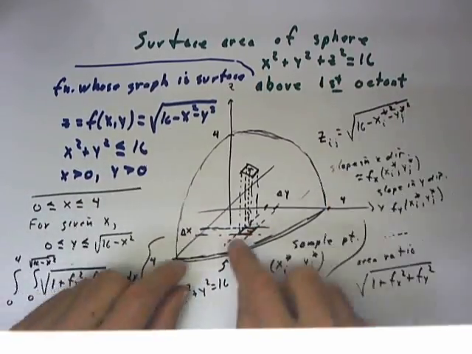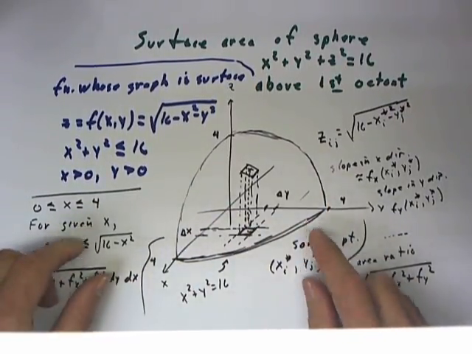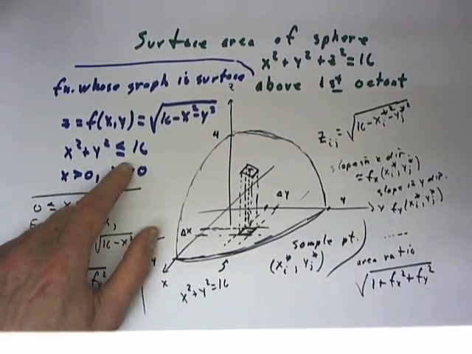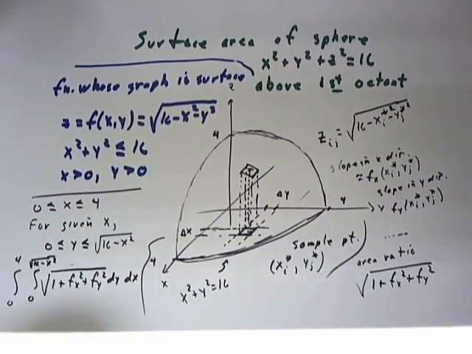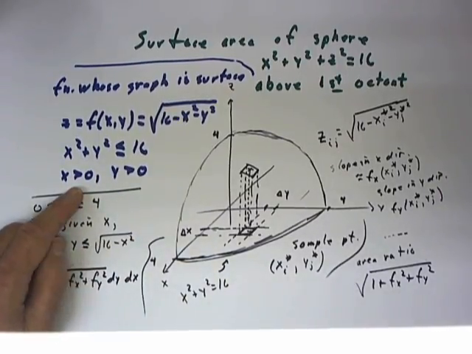That function is integrated over this region of the plane down here, that region being x squared plus y squared less than or equal to 16, with also the proviso that x and y are both greater than 0.